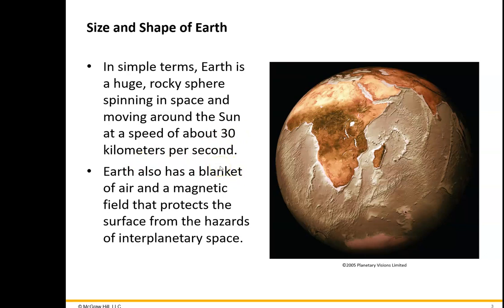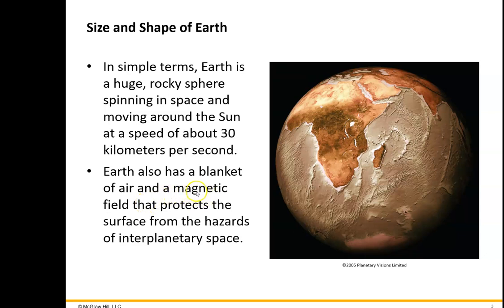Some other things about the Earth: it's not the only planet with an atmosphere, but it's certainly a very unique atmosphere to us. There's this wonderful, as they correctly point out, blanket of air. It turns out to be mostly nitrogen. We'll discuss that in more detail, and also a magnetic field.